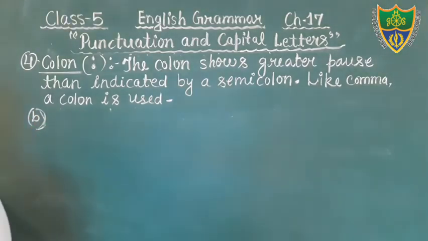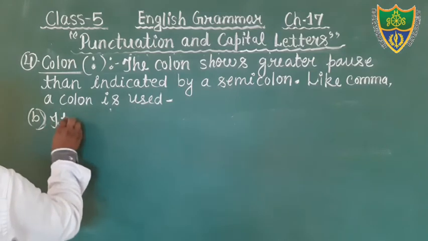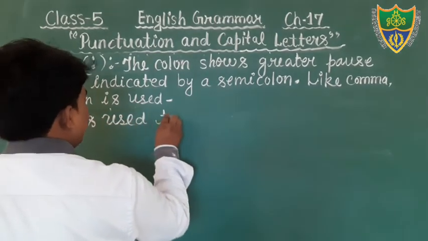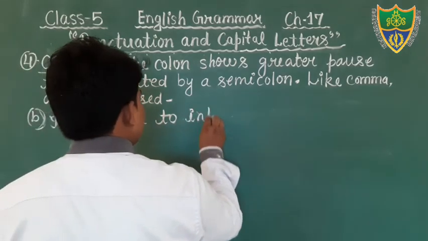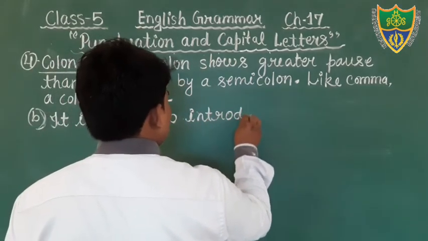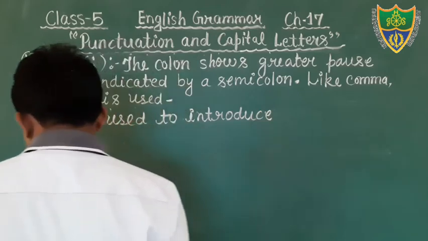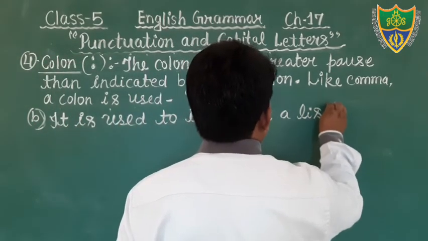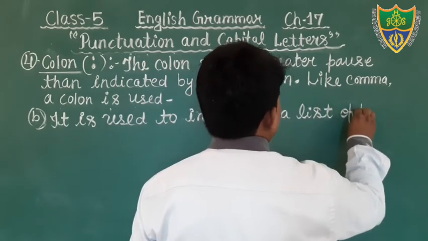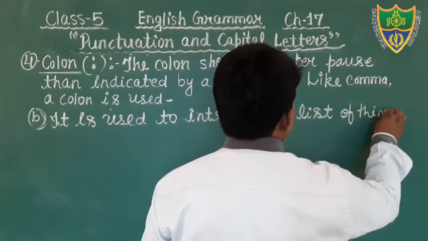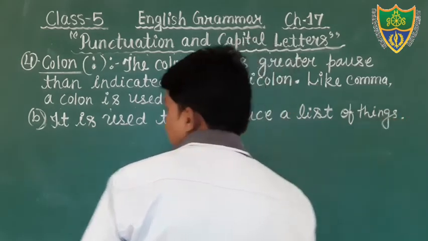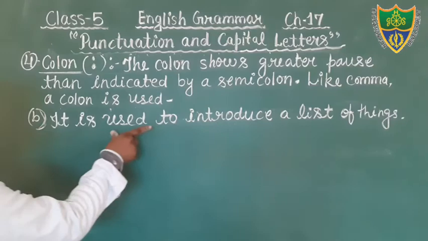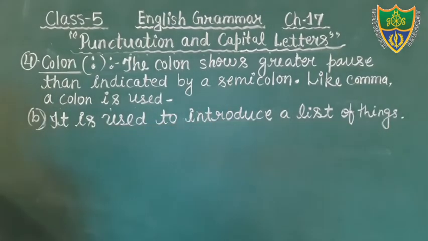Just write down: it is used to introduce a list of things. To show a list of things, what do we use? We use colons. It is used to indicate a list of things.